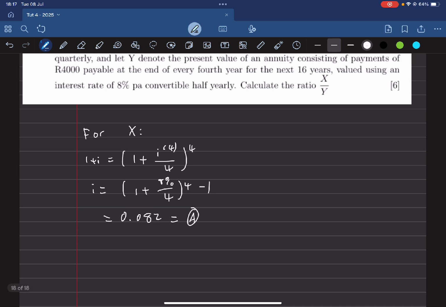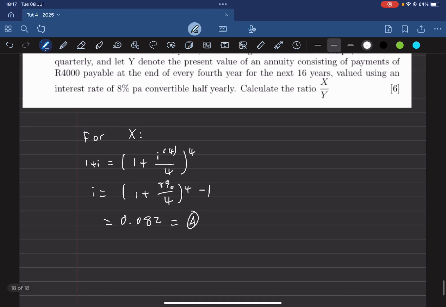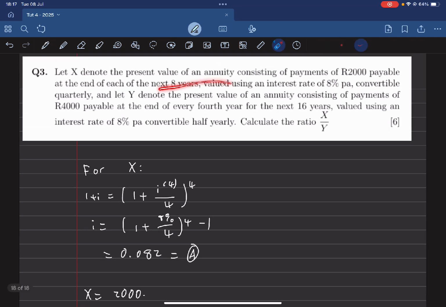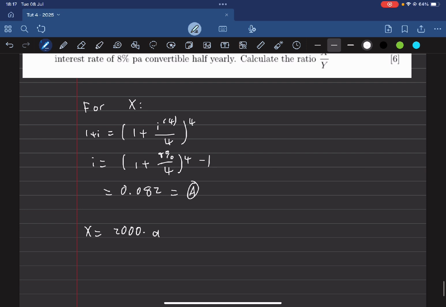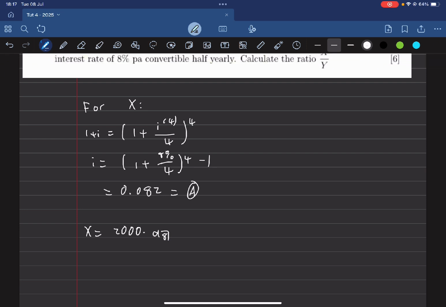Okay, so now to work out X, because X is the present value, we have to present value these 2,000 payments. So we're making 2,000 payments at the end of each year for 8 years. So it's going to be times by a present value annuity for 8 years at an interest rate of A. Cool.